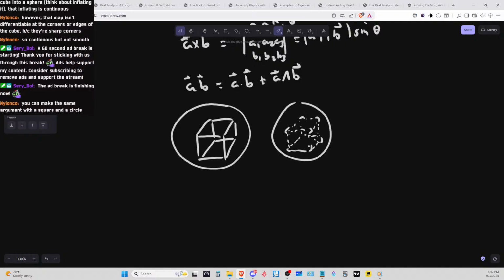Okay. So it's the act of inflating. For some reason I'm thinking continuous is sort of the process of making something into something else, if that's what you're trying to explain. You can make the same argument with the square and the circle.